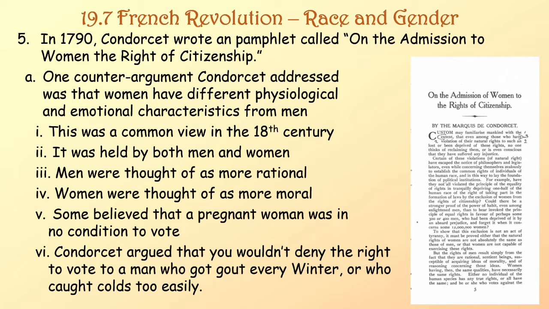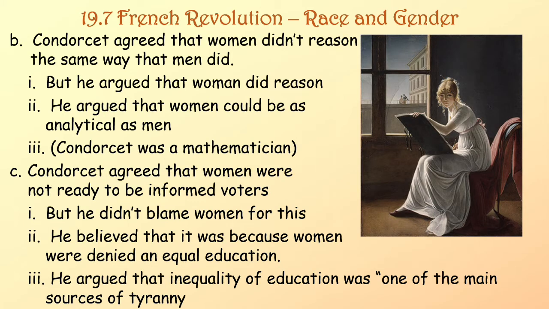Condorcet argued that you wouldn't deny the right to vote to a man who got gout every winter or who caught colds too easily. Condorcet agreed that women didn't reason the same way that men did. But he argued that women did reason, and he argued that women could be as analytical as men. Condorcet was himself a mathematician.